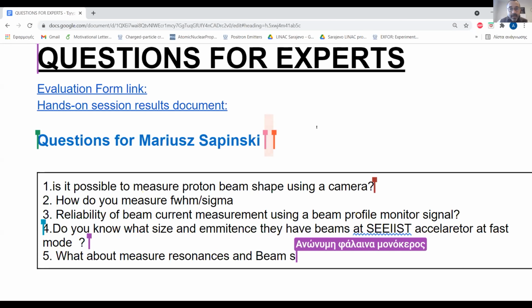For instance, the emittances in hadron machines like CNAO or Heidelberg, the normalized emittances are around 1 millimeter milliradian. With this emittance you can still focus to different beam sizes on the patient, somewhere between 2 and 10 millimeters.